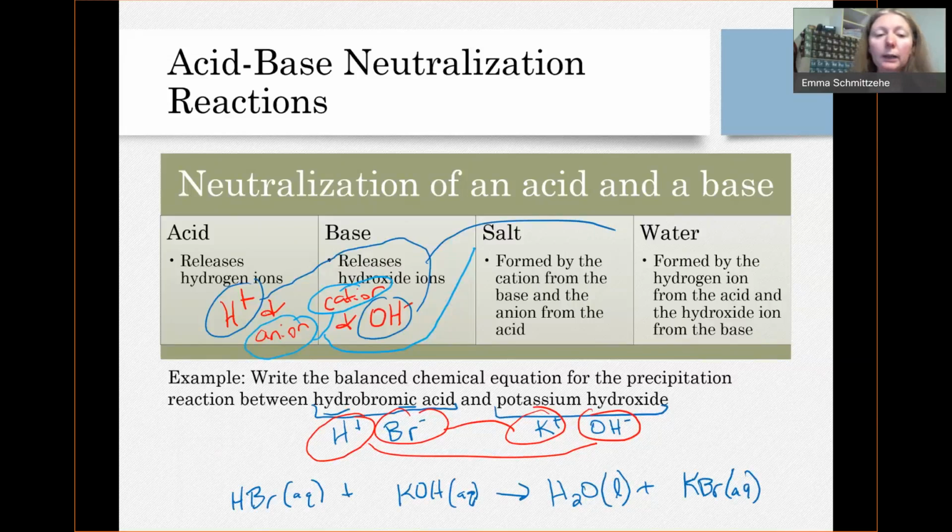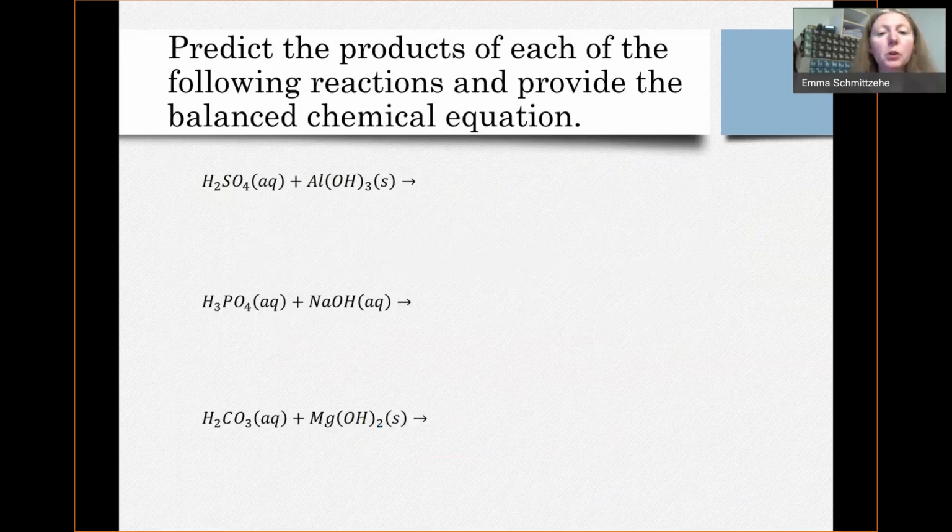Okay, now let's do a few more predicting products of acid-base neutralization reactions. And so here I give a few sets of acid-base reactants. In the first one we have sulfuric acid reacting with aluminum hydroxide. And so focus on the ions.